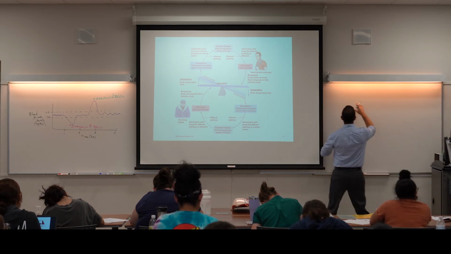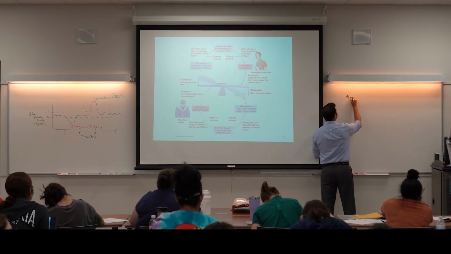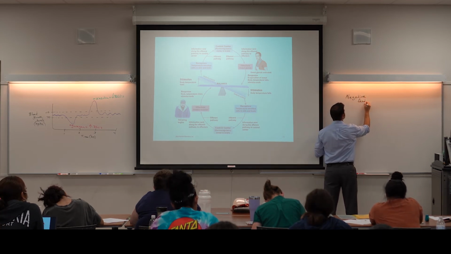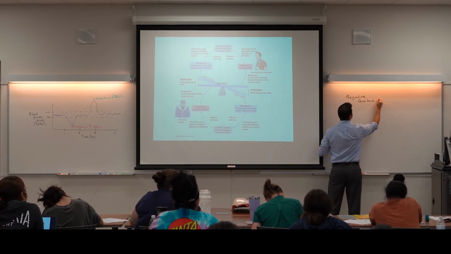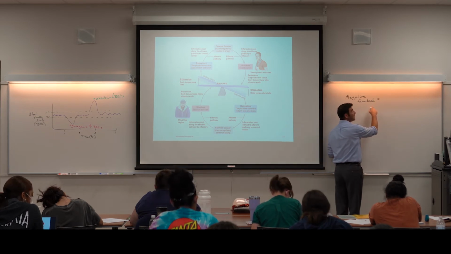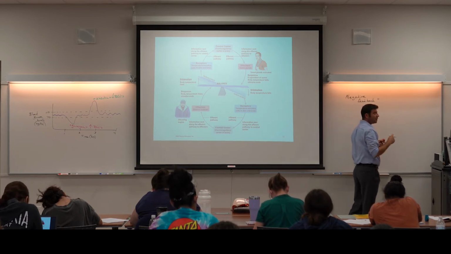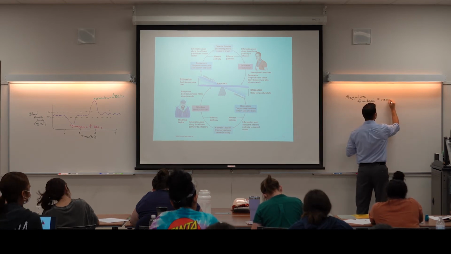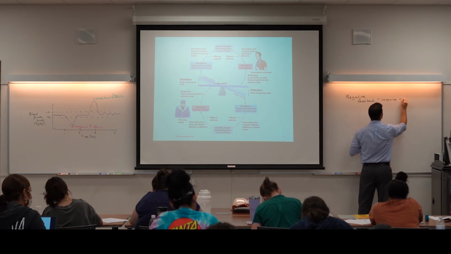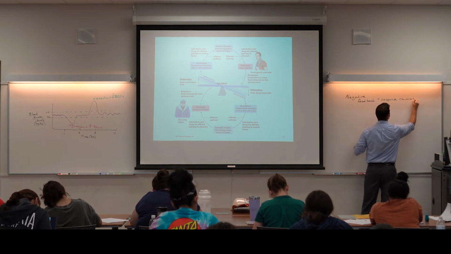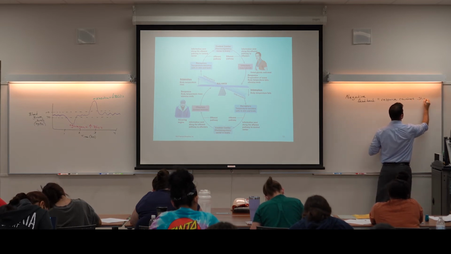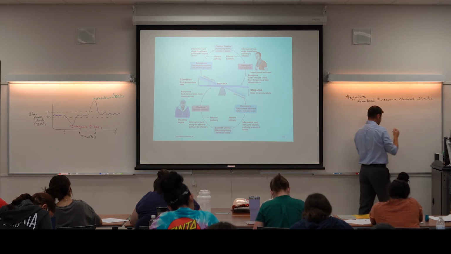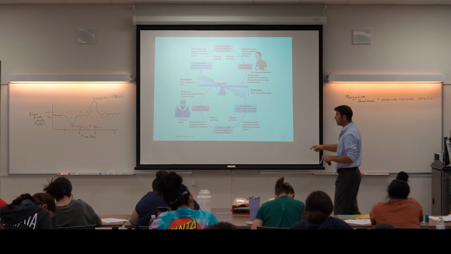So bringing those up here, we're going to see that in negative feedback, it's always the case that the response is going to counter the stimulus. It runs completely opposite of what the stimulus is.